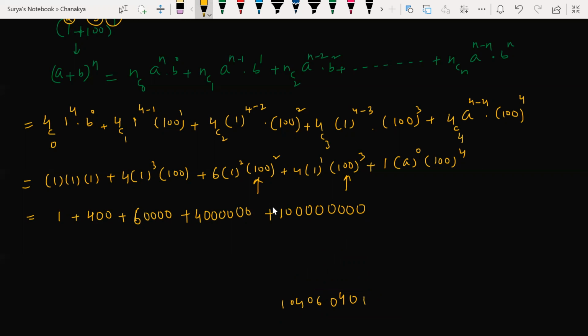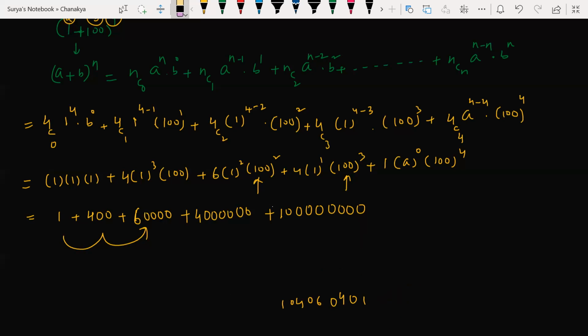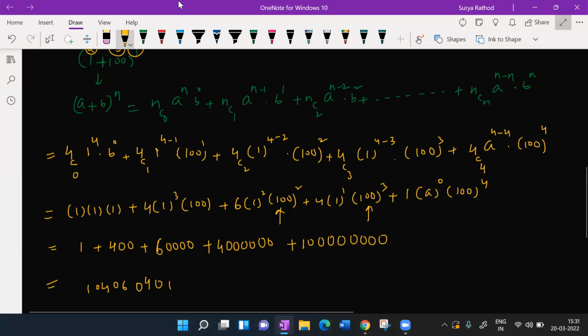Isn't it? So 401 plus 60,000, so 60,401. So yeah, your units place will be 1 only. Correct? So this is what your answer is going to be. Any doubt, children? Any doubts, Anjali ji?